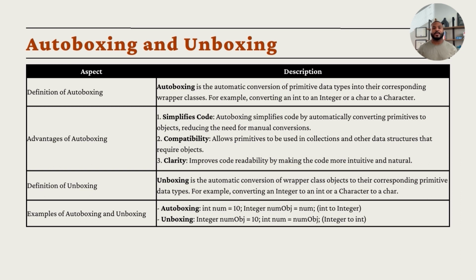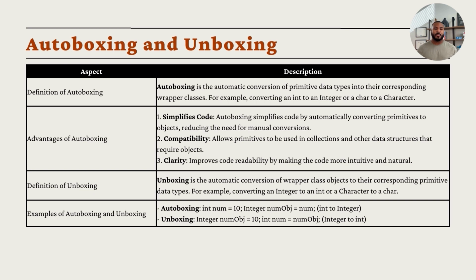Autoboxing and unboxing in Java are two features that simplify the process of working with primitives and their corresponding wrapper classes. As it sounds, autoboxing automatically converts primitives into their objects, which enhances code readability and simplifies assignments.